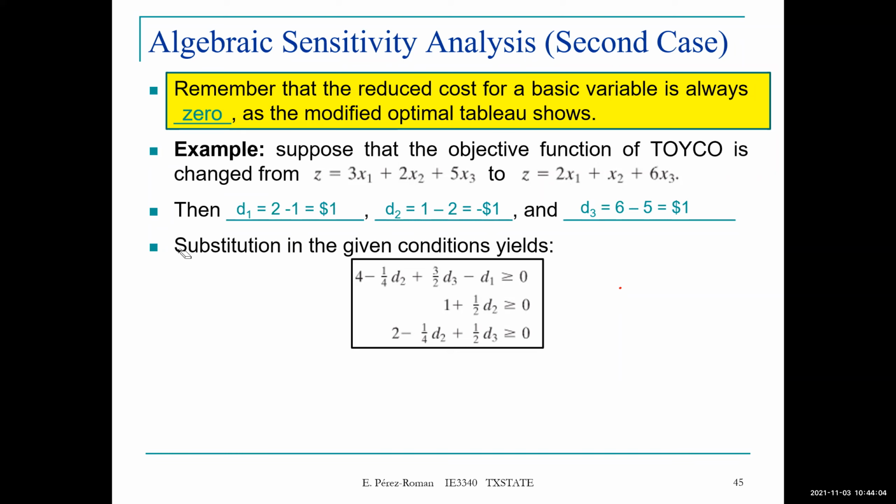We're changing, so D1 is going to be, it's decreasing by 1, right? So it's 2 minus 3 is minus 1. Then the second one, 2 is also decreasing, so it's 1 minus 2, so it's minus 1. And then the other one is increasing, so it's 6 minus 5. So this one is correct.